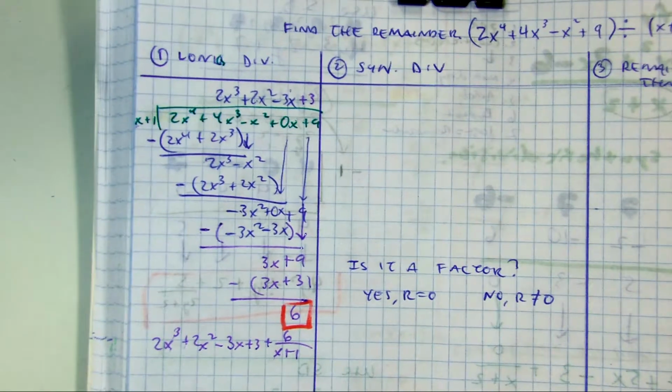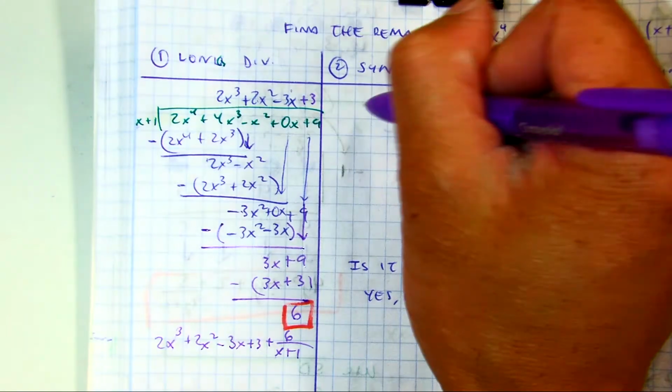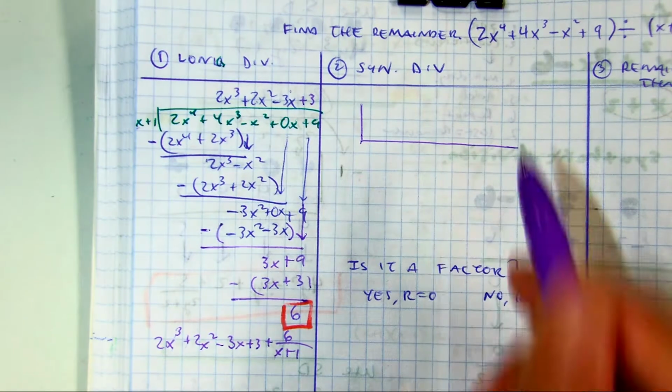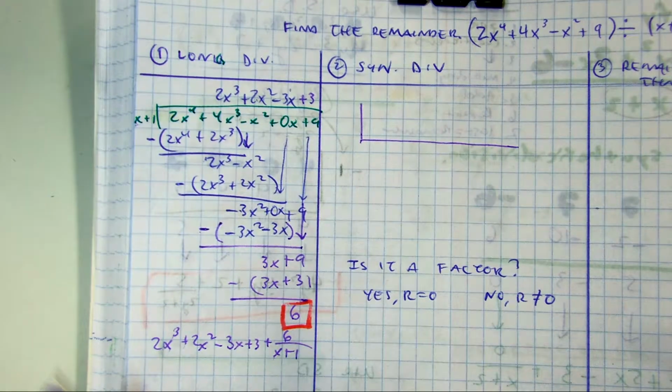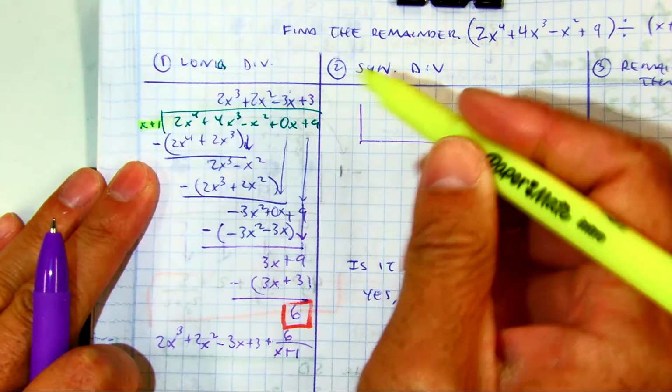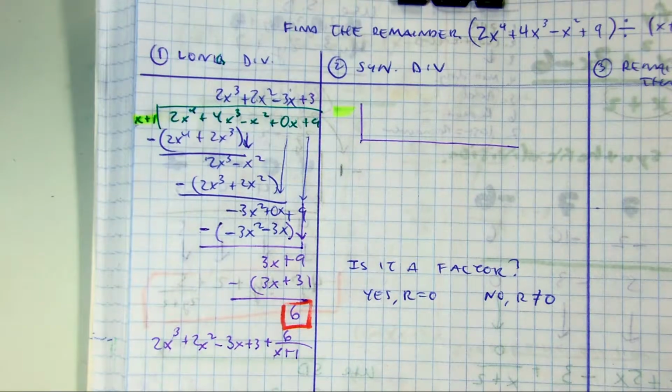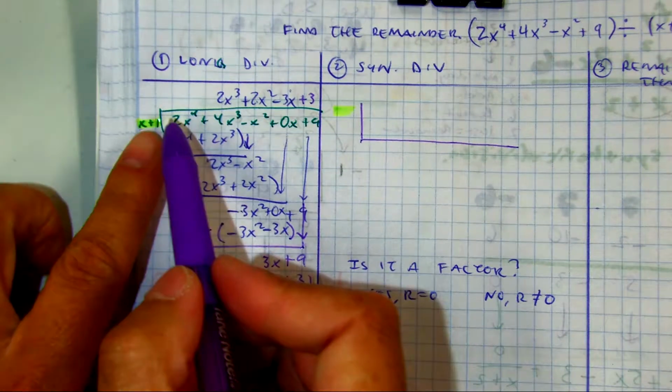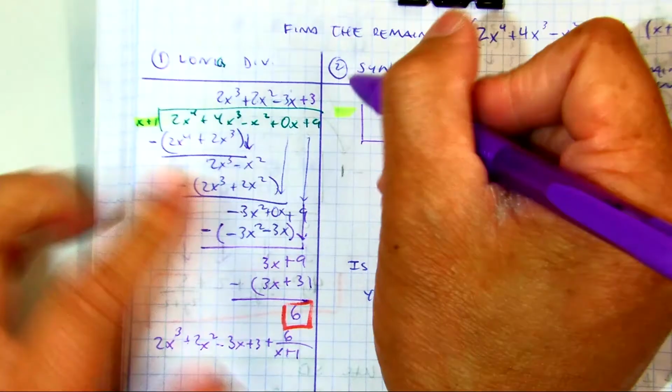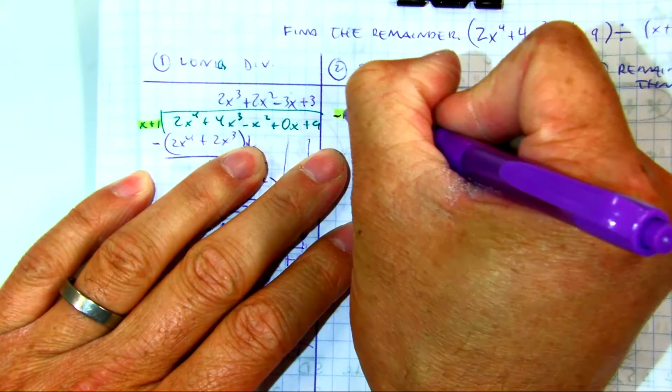This is yesterday's lesson. Class, what number do I put outside? Negative 1. Remember yesterday we learned to set that equal to 0 and then solve. So essentially x equals negative 1.